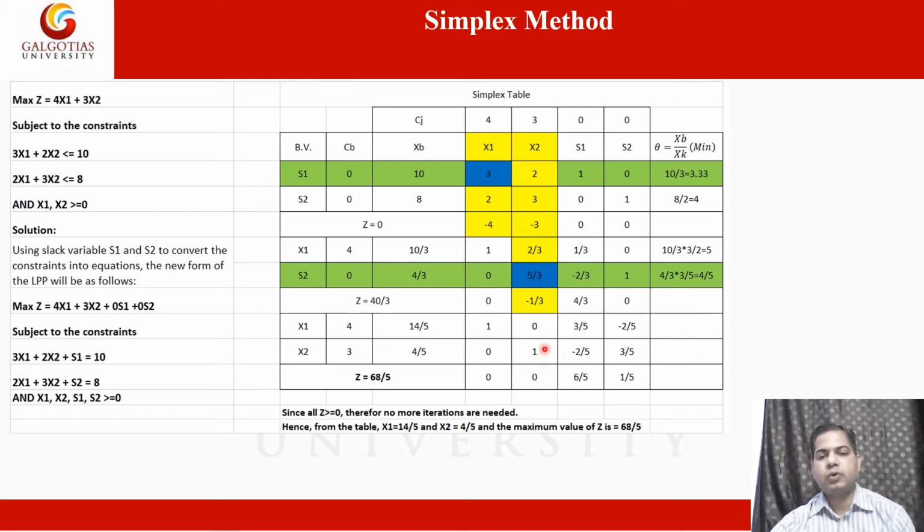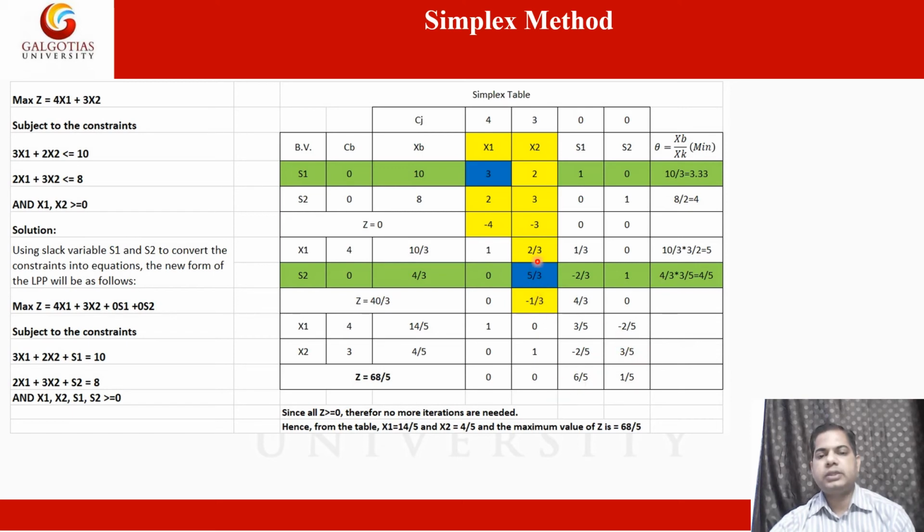So this comes out to be 1. Again, the concept of matrices says that we have to multiply or divide this whole line by 5 by 3. So 4 by 3 divided by 5 by 3 comes out to be 4 by 5. 0 divided by 5 by 3 comes out to be 0. Minus 2 by 3 divided by 5 by 3 comes out to be minus 2 by 5. And 1 divided by 5 by 3 comes out to be 3 by 5.